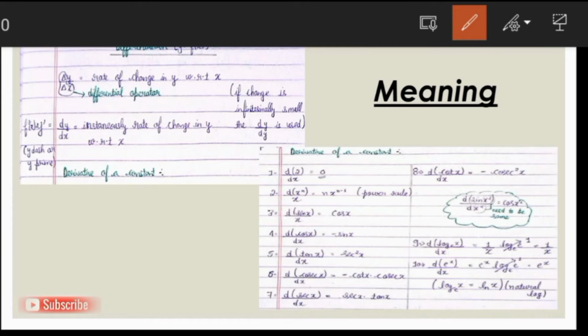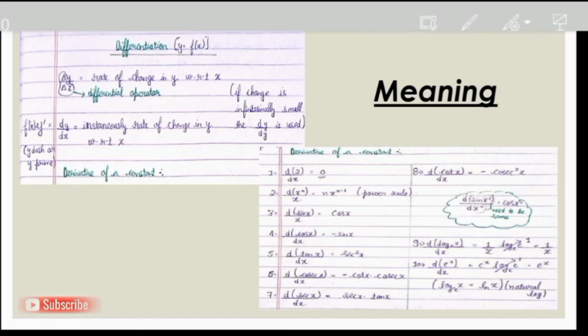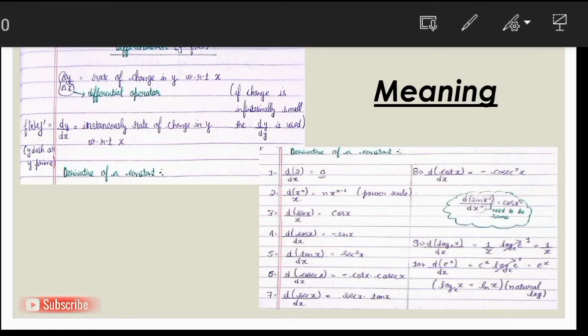Cosec x gives minus cot x into cosec x. And sec x gives sec x into tan x. We also see that cot x gives minus cosec square x. Now just remember that only tan and cot have the square terms. Let's first finish all our formulas.